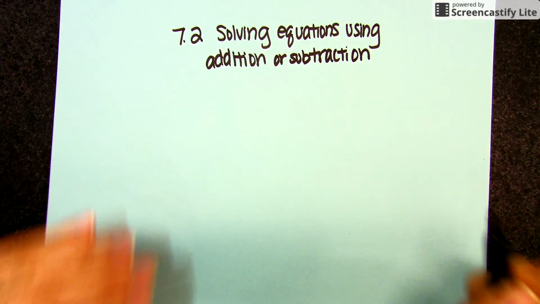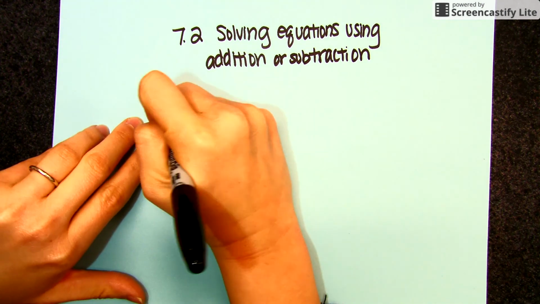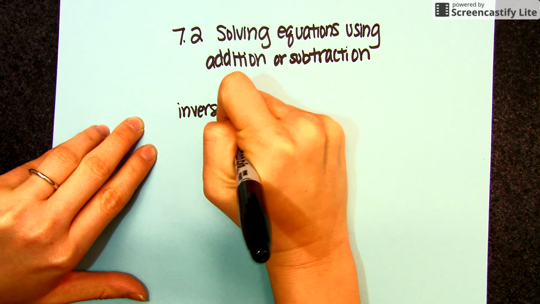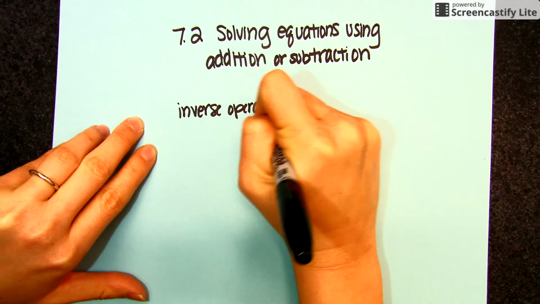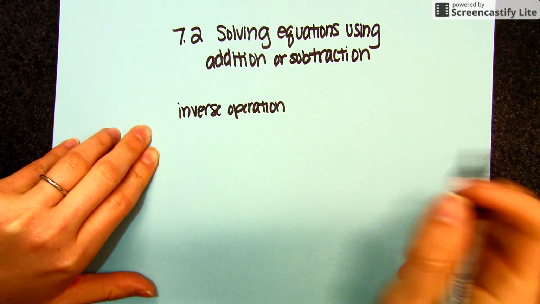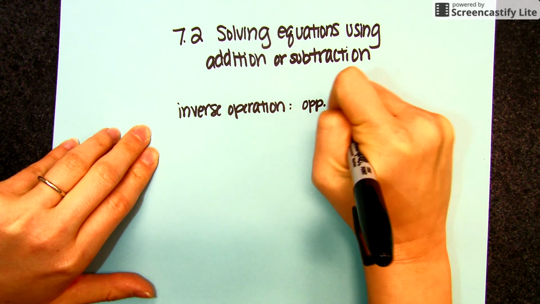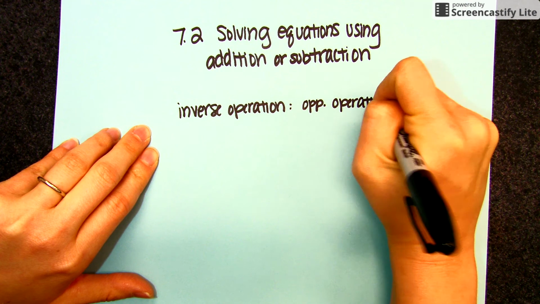So you learned 3 vocabulary words. The first one you need to know is inverse operations. That basically means the opposite operation, the operations that undo something.